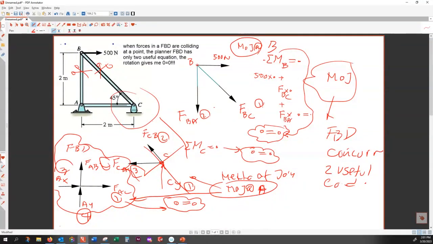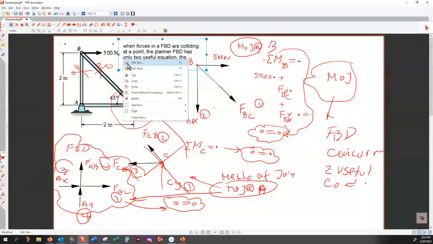So my conclusion is, I can start with method of joint at B, but I cannot start at C. Maybe I can postpone the use of method of joint at C until after I solve for B, and then that is doable. Why is it doable? Let me explain that to everyone. Just bear with me.